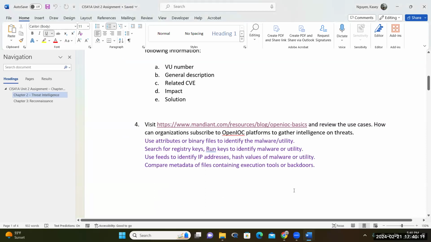So it says, how can an organization subscribe to the OpenIOC platform to gather intelligence on threats? So with OpenIOC, you'll be able to have access to attributes or binary files. That way, in the case of malware, we will be able to apply that and look at your malware in case you need to reverse engineer it.